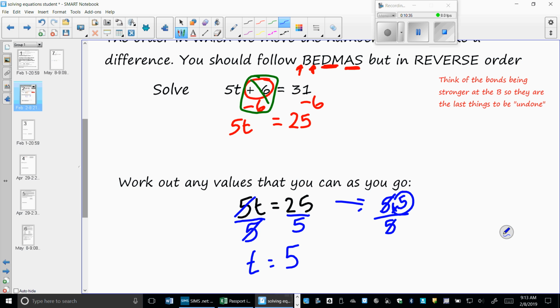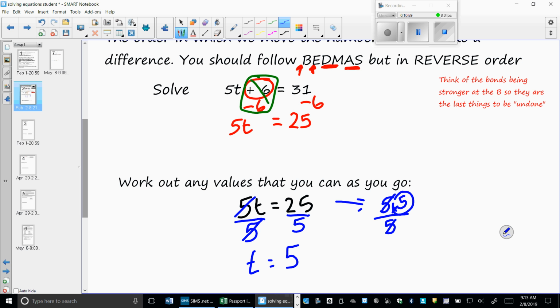We think we've solved it and that t should have a value of 5, which means that when we substitute it back into the original question, 5 multiplied by 5 plus 6 should give us 31. Luckily it does. If it didn't, then we've done something wrong.